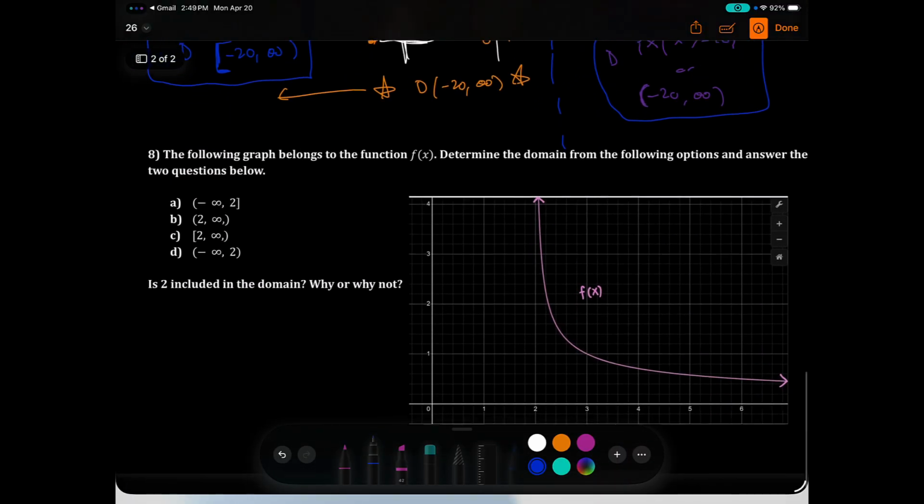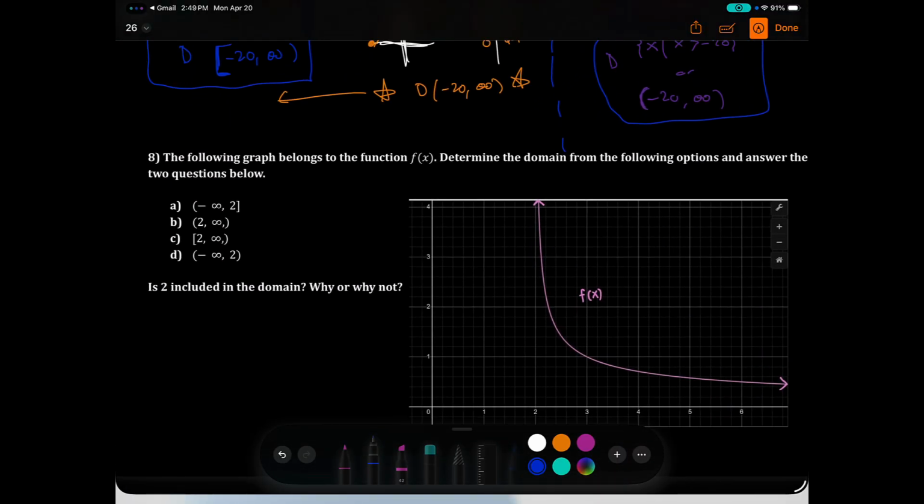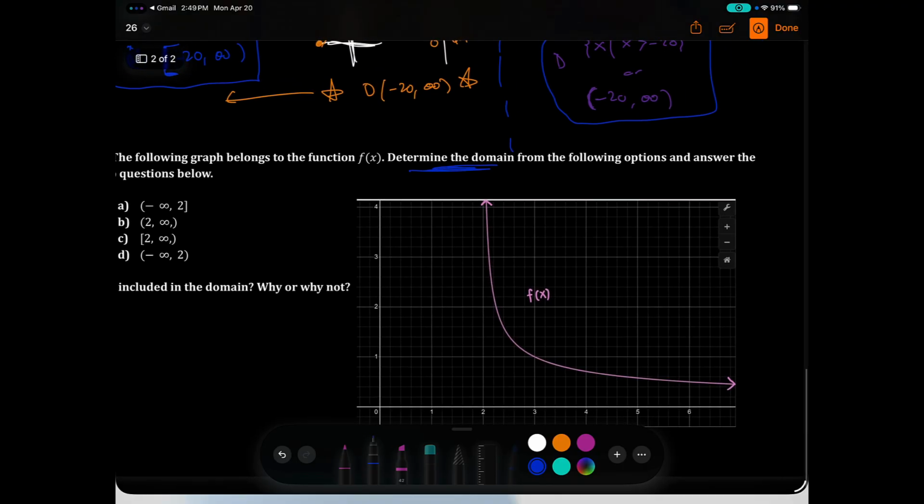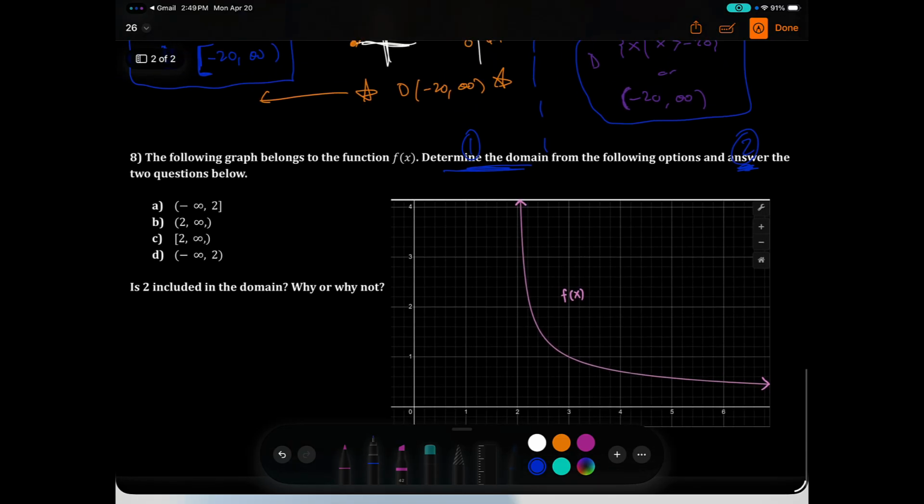Okay, last one, number 8. Determine the following graph belongs to the function. Determine the domain and then answer it. So two things we've got to do. What is the domain? The domain, remember, refers to x values and inputs.